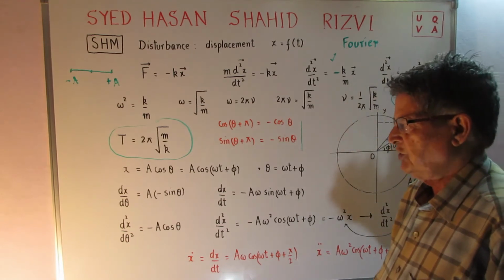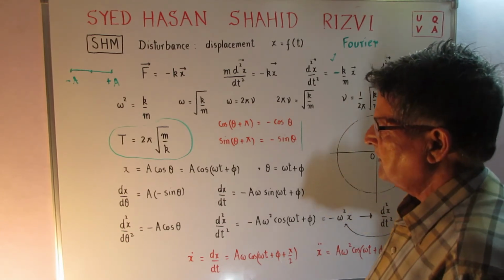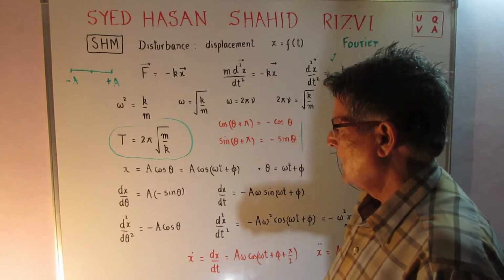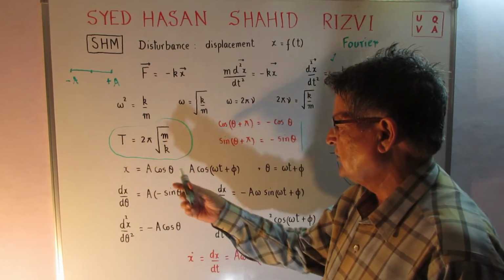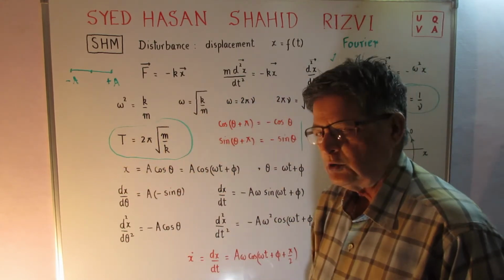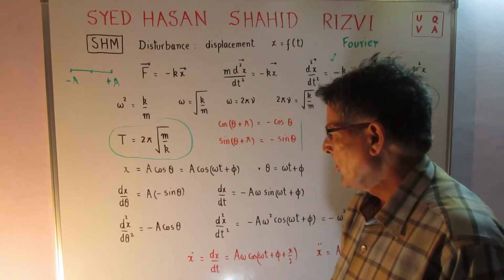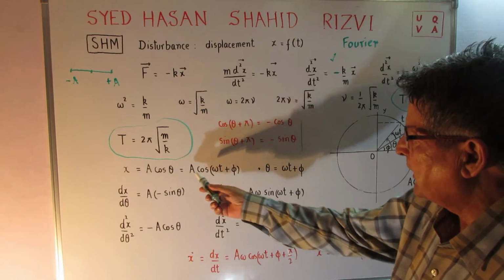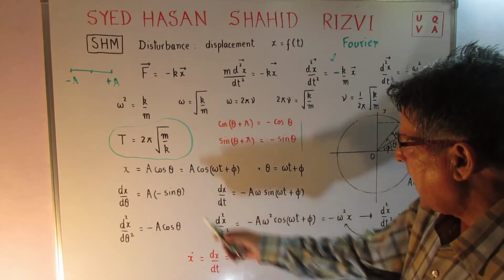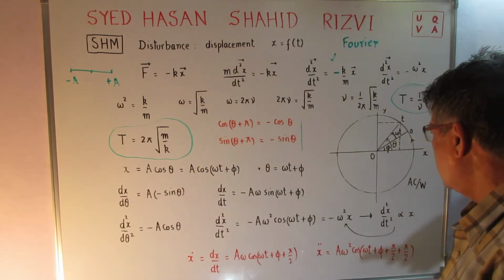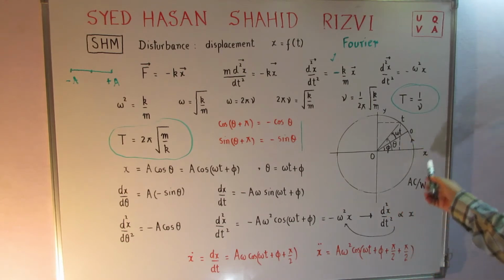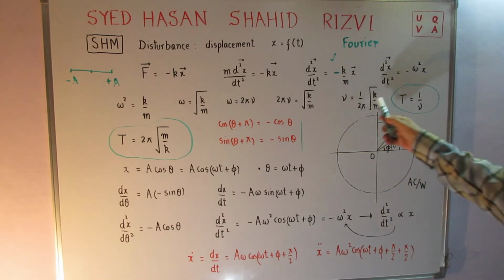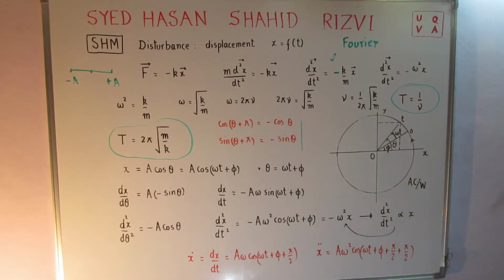Right now, with our search, I propose that let there be a solution x is equal to A cos of theta. Well, this is the reference circle where the theta is generated.